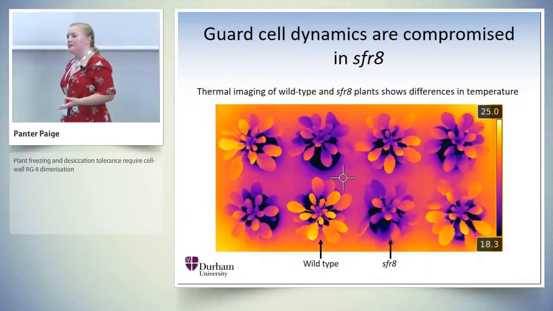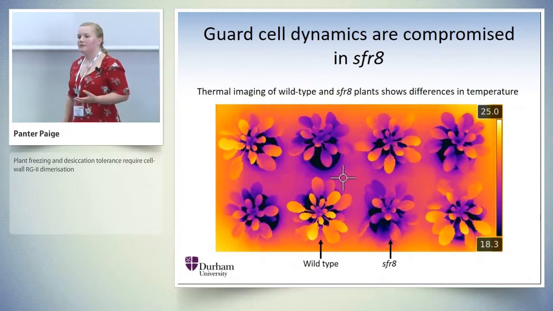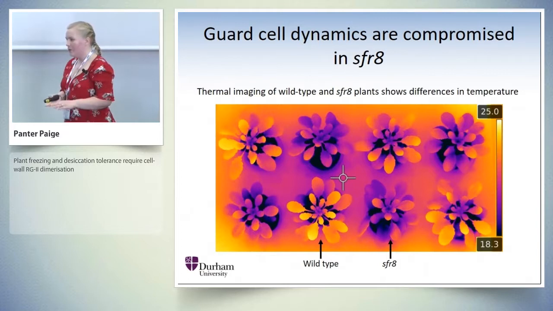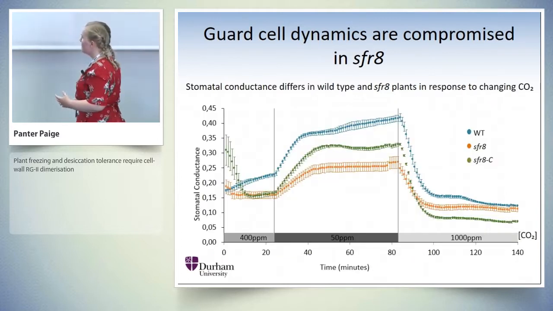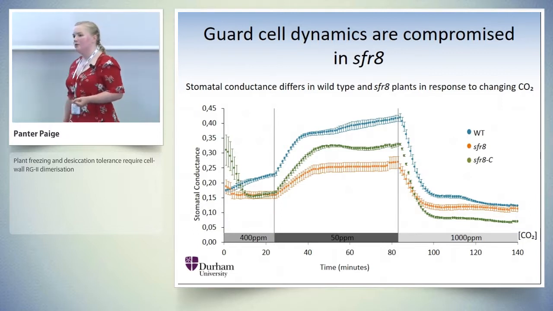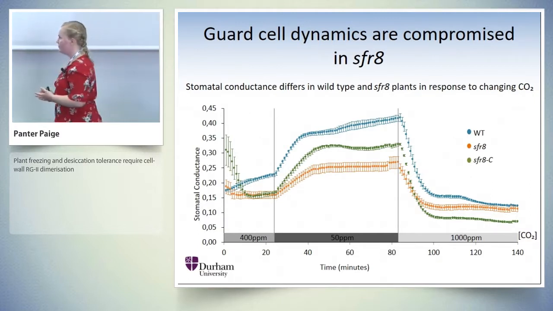So I then wondered, is it that the stomata don't have the same movement as wild type plants, or is it that they're just stuck open? And so what I did next was to use a LI-COR photosynthesis system to carry out stomatal conductance measurements across the leaf in real time.